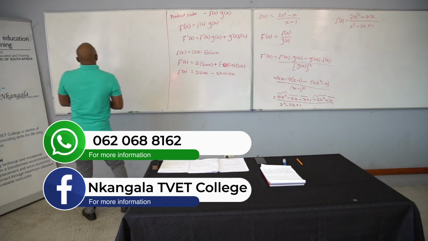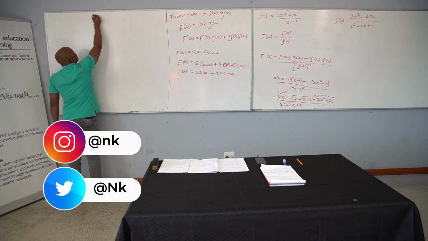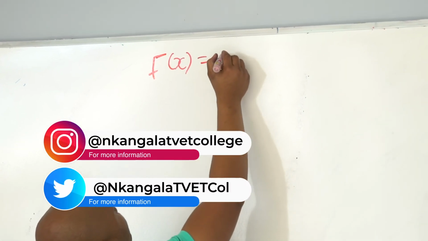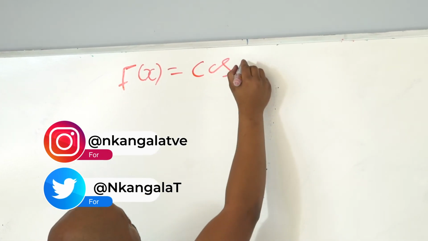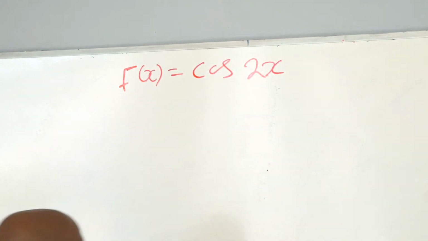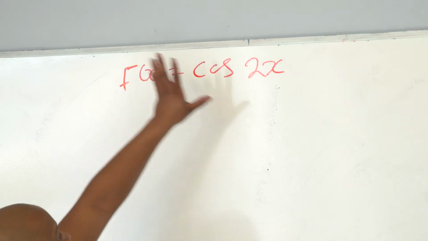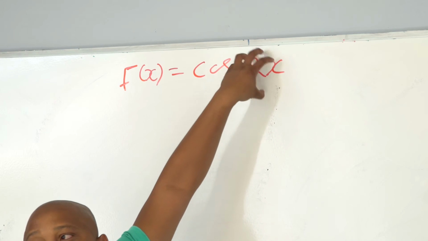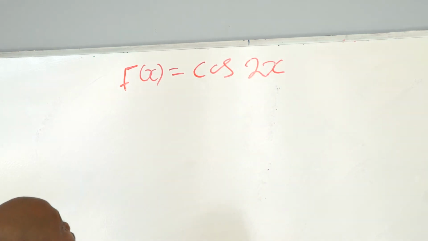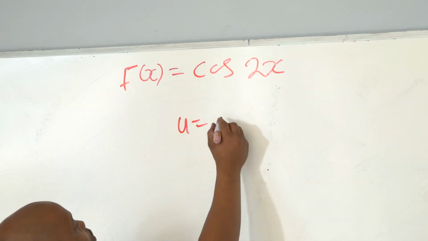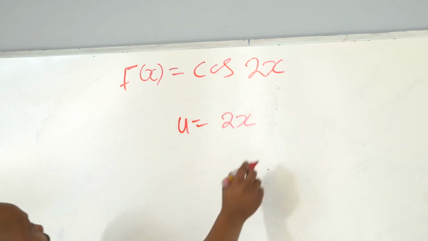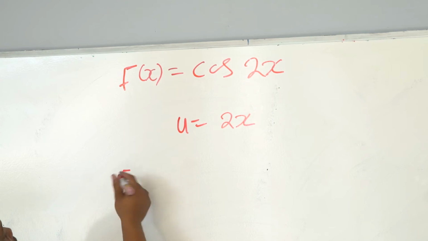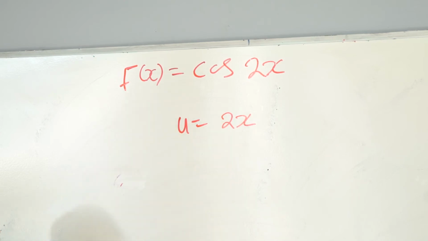So let's just look at a simple function like f x equals cos 2x. F is a function of cos, but inside cos there's another function, 2x. Can you see that? So if you let u equal 2x, you can rewrite this.